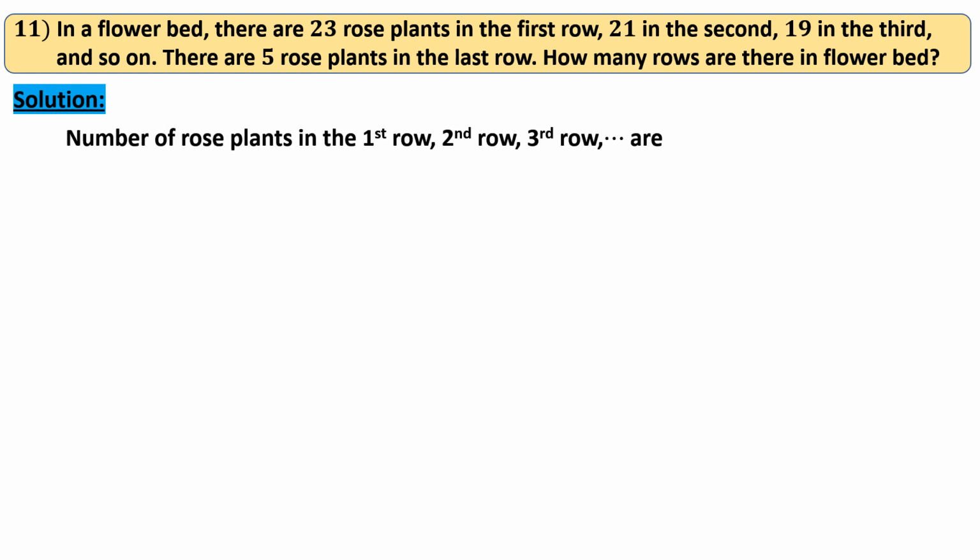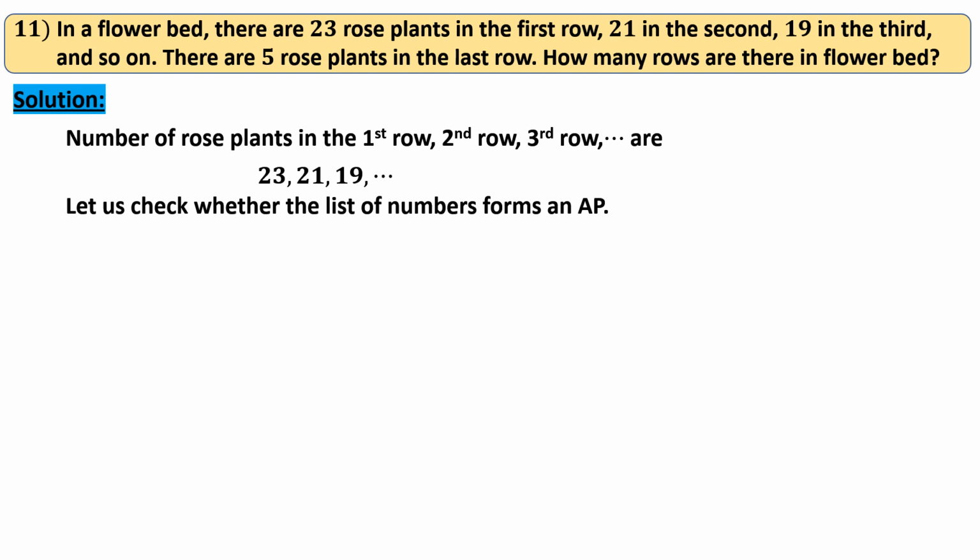Now, the number of rose plants in the first row, second row, third row, and so on are 23, 21, 19, etc. Let us check whether the list of numbers forms an AP. a2 minus a1 equals 21 minus 23 equals minus 2. a3 minus a2 equals 19 minus 21.